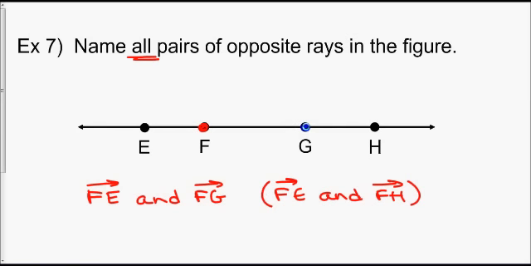Next, let's move to point G. So we have ray GF. You could have also said GE. And in the other direction, GH. So starting at G, passing through H, and continuing. So you really only have 2 pairs of opposite rays in this diagram.